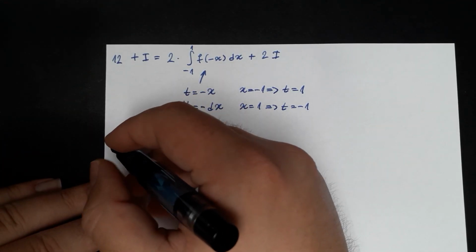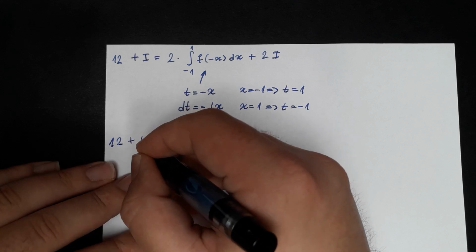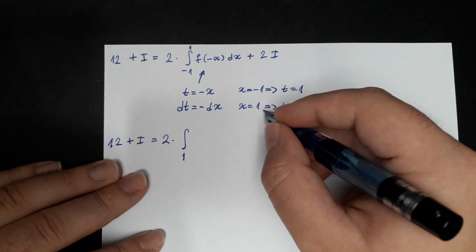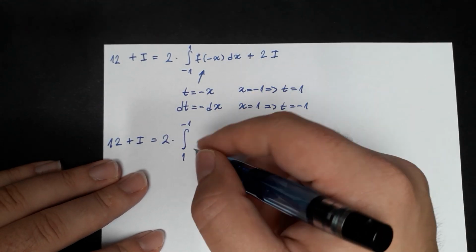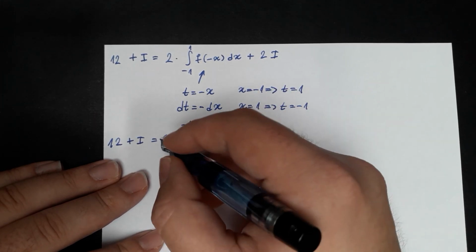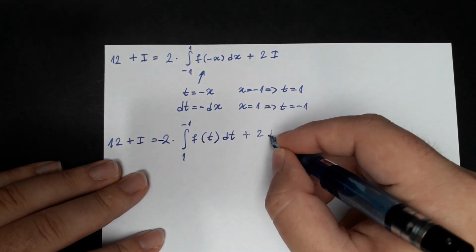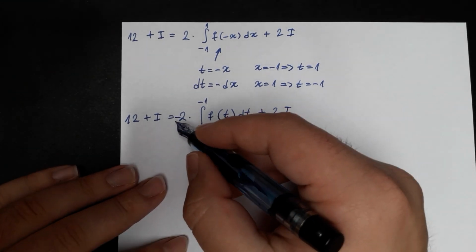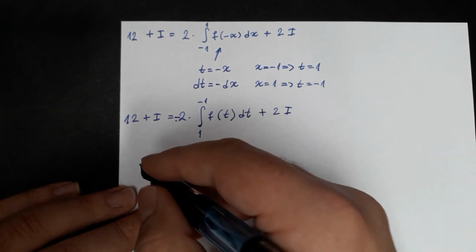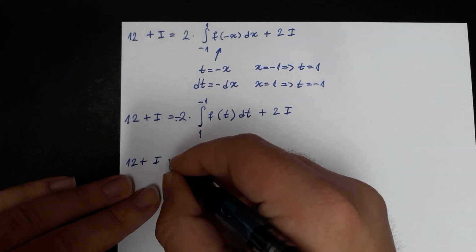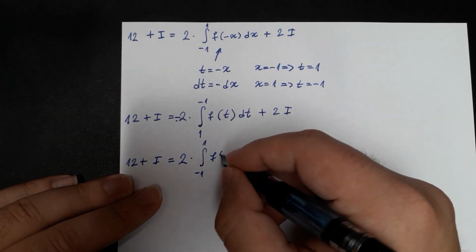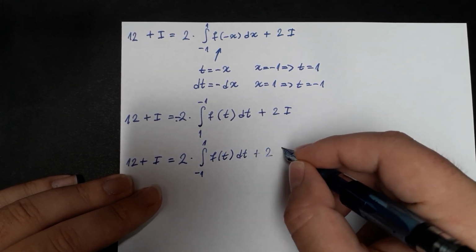So our equation then becomes 12 plus I is equal to 2 times the integral from 1 to -1. f(-x) is f(t), and dx is negative dt, plus 2I. And in this position, because we have a minus in front of the integral sign, we can change the borders. So it is 12 plus I, which is equal to 2 times the integral from -1 to 1 of f(t) dt plus 2I.